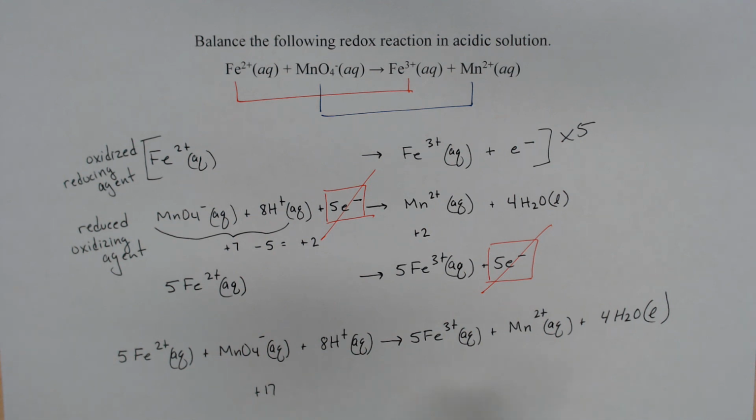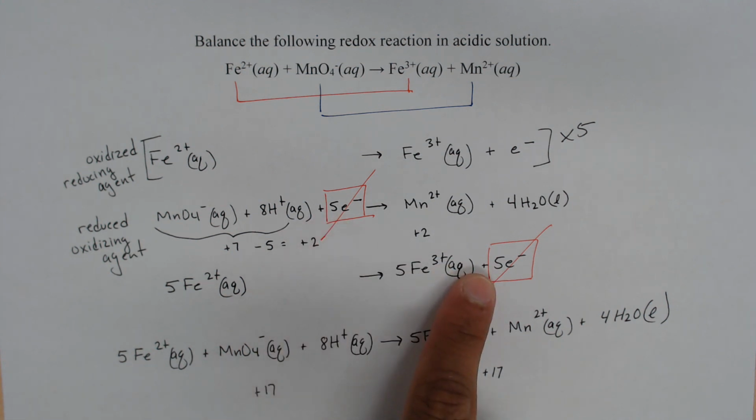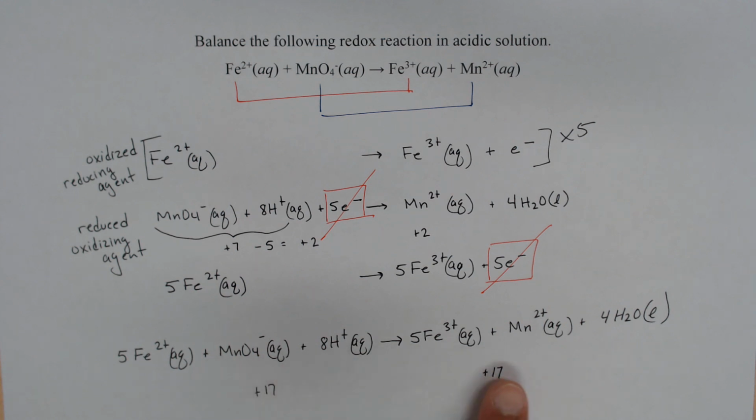And then on the product side, we've got 5 times 3, that's a plus 15, plus 2 more, that's a plus 17. Water, of course, is neutral. So you notice that in a redox reaction, we balance not only the atoms, but also the electrons transferred. In the end, we should have the same charges and atoms on both sides of the equation.